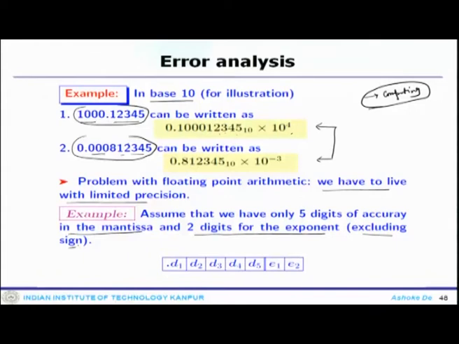So, the 5 digits of accuracy after the decimal point are D1, D2, D3, D4, D5, and then 2 digits for the exponent, E1, E2.